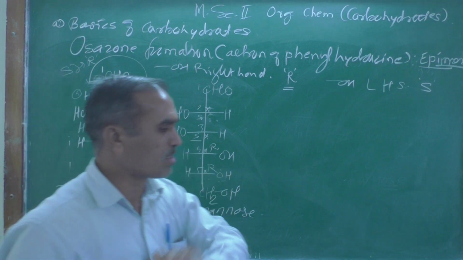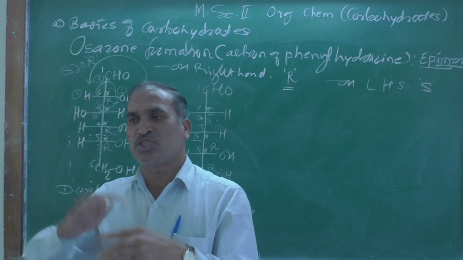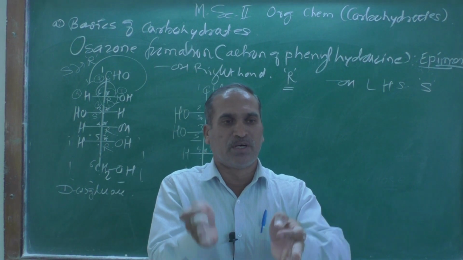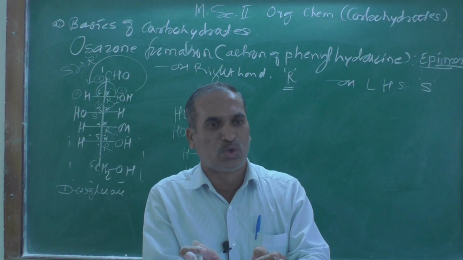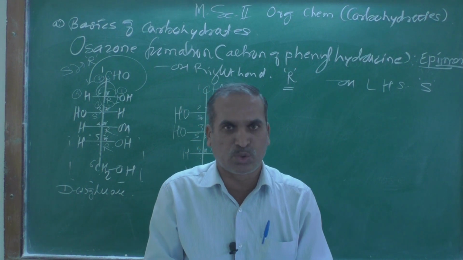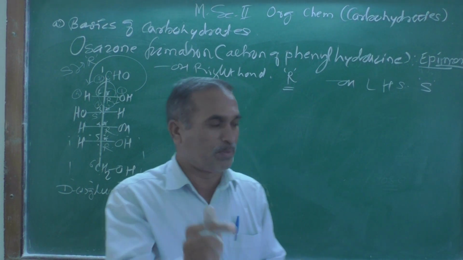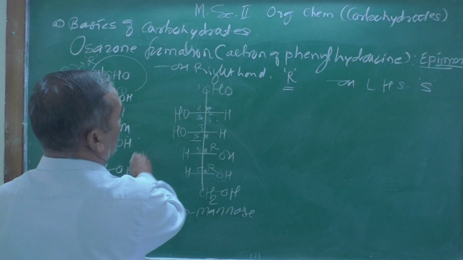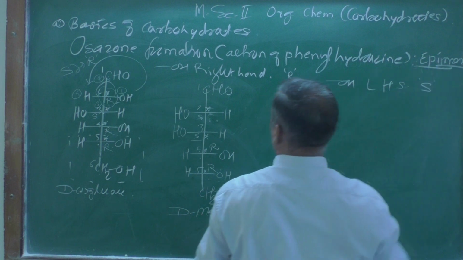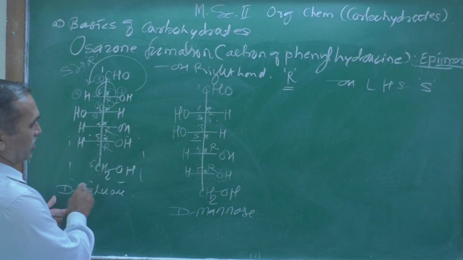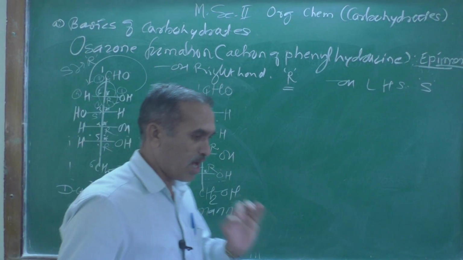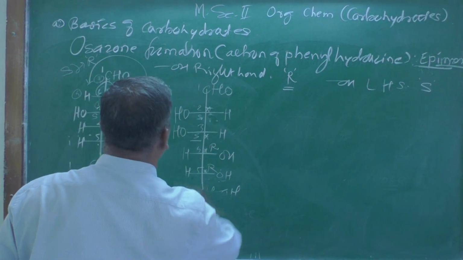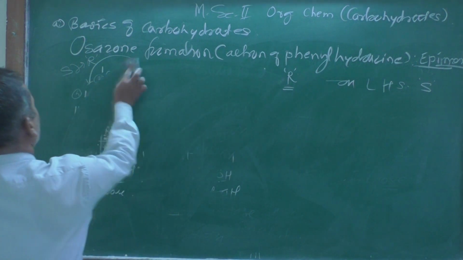Only at one chiral carbon is there a change in absolute configuration. This type of isomer is given a special name, epimer. Did you understand the meaning of epimer? D-glucose and D-mannose are the best example of epimers of each other.